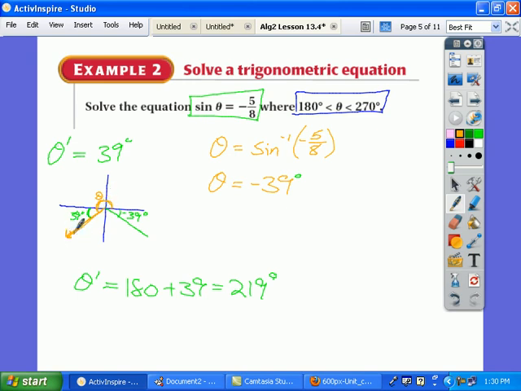Number one, our calculators will only give us one of the values back. Right? We know that there should be two. The calculator only gives us one because that's what makes it a function, and we want it to be a function. That's idea number one. Idea number two. We get this value here, and basically this is the reference angle.